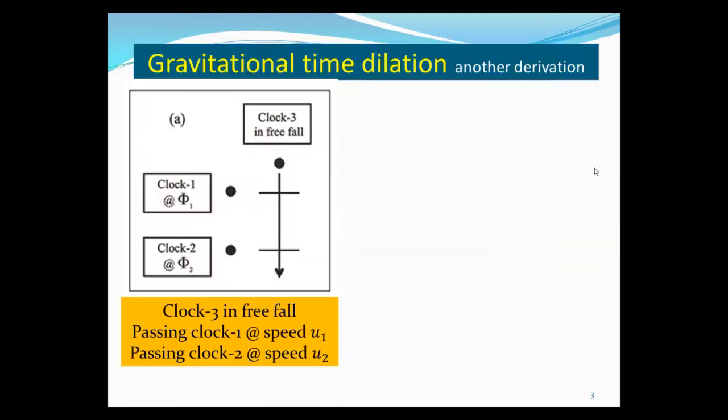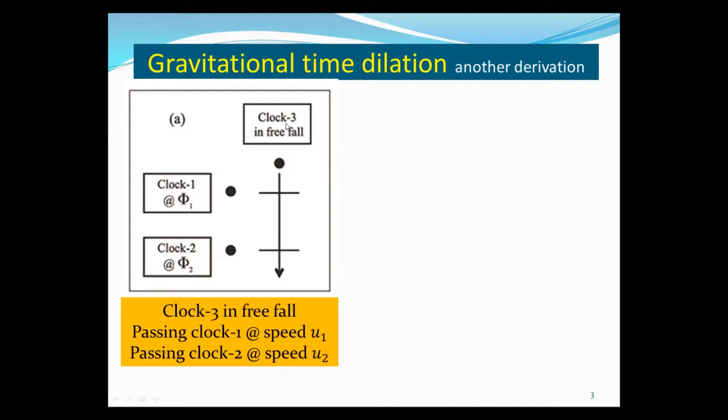Okay, so we're going to derive the time dilation more directly, and the trick is that we're going to use three identically constructed clocks: clock 1, clock 2, clock 3. Clock 1 and clock 2 are stationary, one located at gravitational potential phi 1, the other at gravitational potential phi 2.